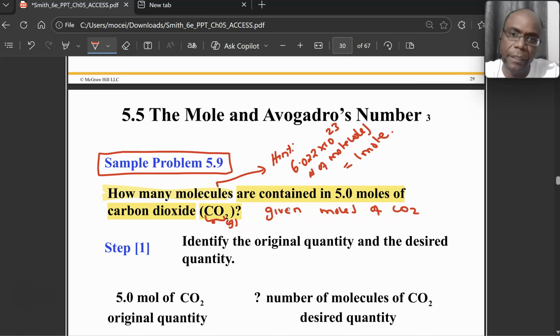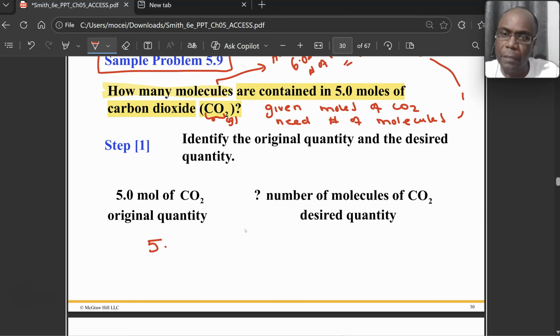So what will I do in this case? I'm going from 5 moles and I'll need the number of molecules, which is why I'm going to relate the number of molecules to 1 mole, and that relationship is the Avogadro's number. That's what defines the mole. 1 mole is equivalent to the Avogadro's number of particles, and those particles in this question are molecules.